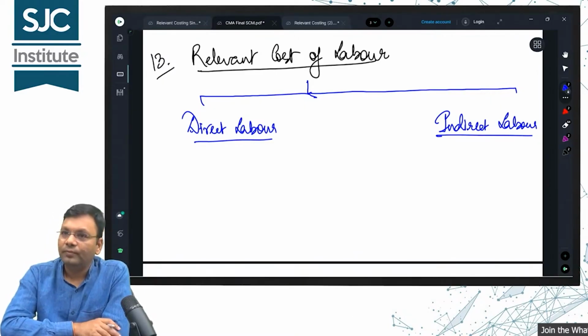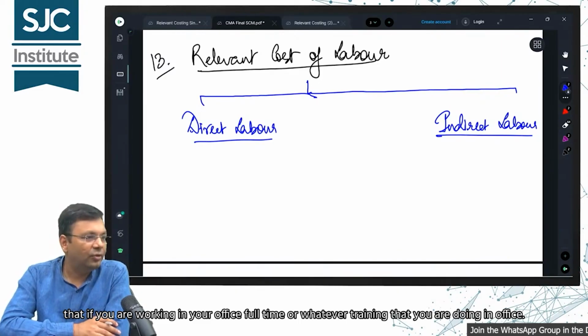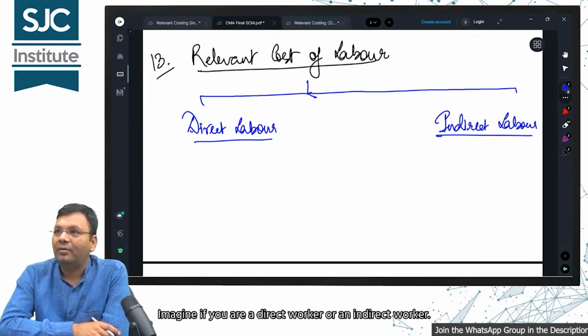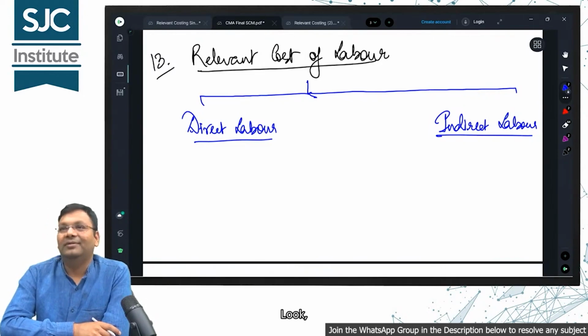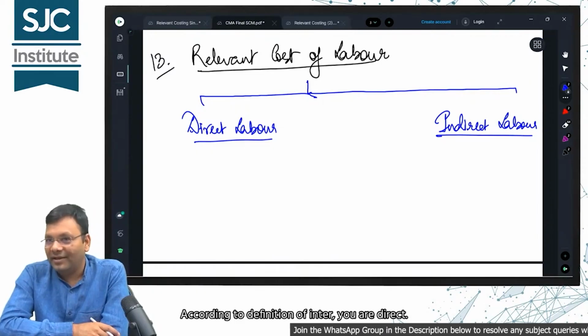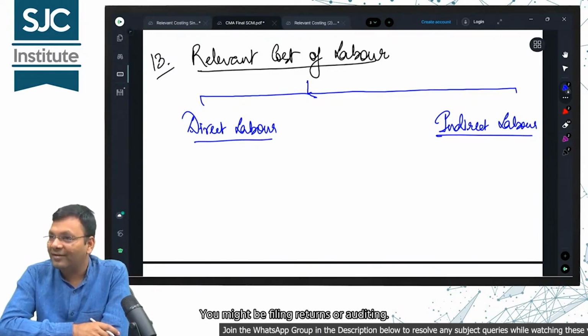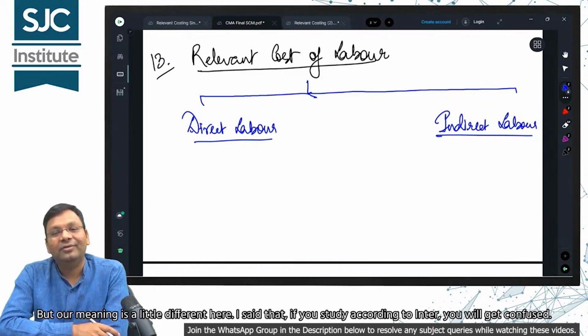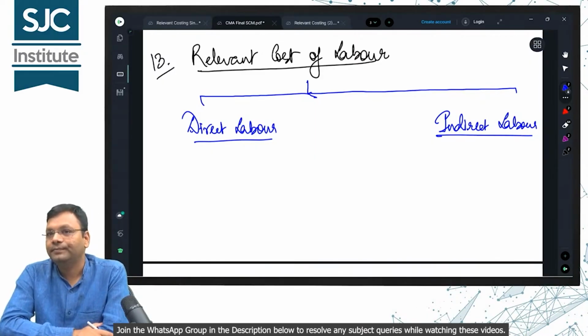Now you think like this. If you are working in your office full time, or whatever training that you are doing in office, imagine if you are a direct worker or an indirect worker. Look, according to the definition of Inter, you are direct. You might be filing returns or auditing. But our meaning is a little different here. If you study according to Inter, you will get confused.